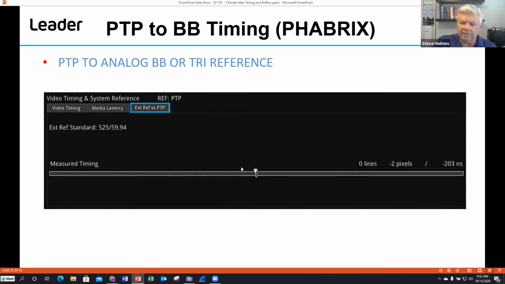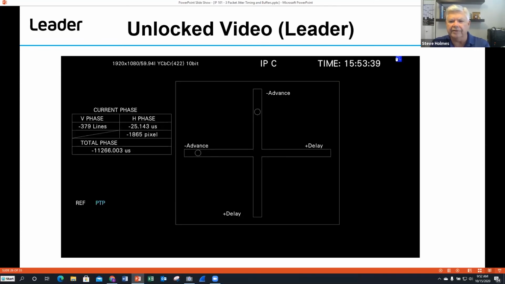Looking at this on the QX, two different timing models. My reference in this case was 525-5994, i.e. Blackburst, coming in for my lock to my QX that I have here.